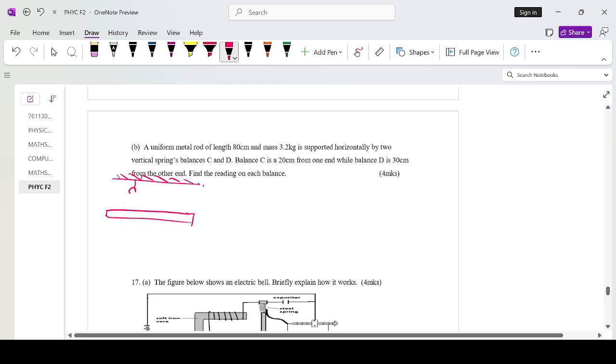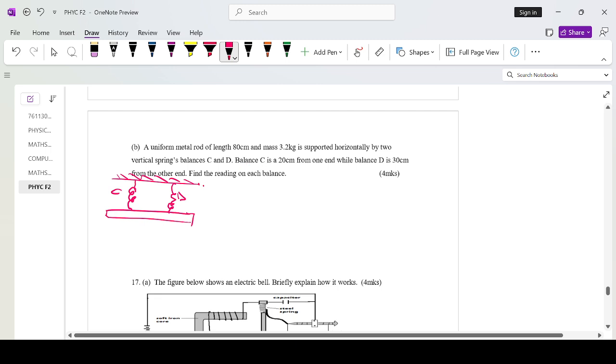I can have this spring here, and another spring somewhere here. So a uniform metal rod, the length of this rod is 80 centimeters, is supported horizontally by two vertical springs. I call this spring C and this one here spring D.